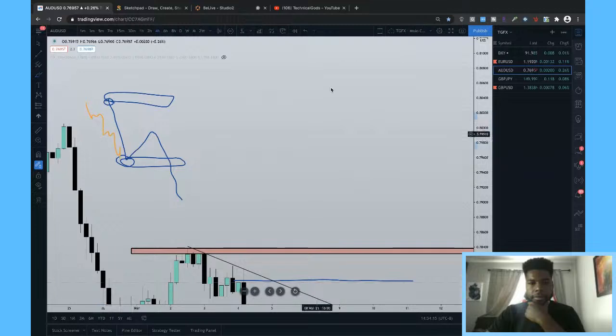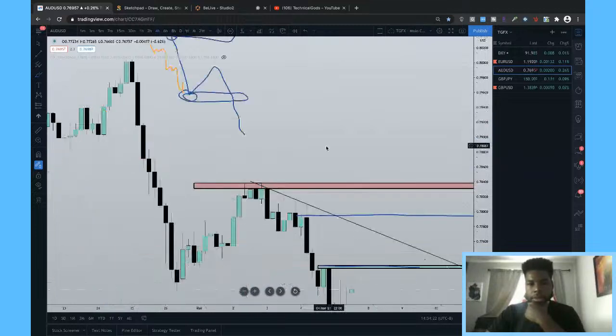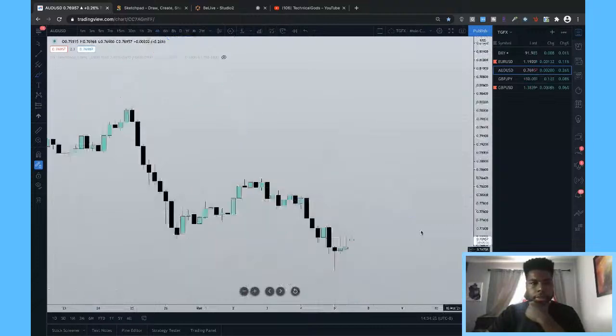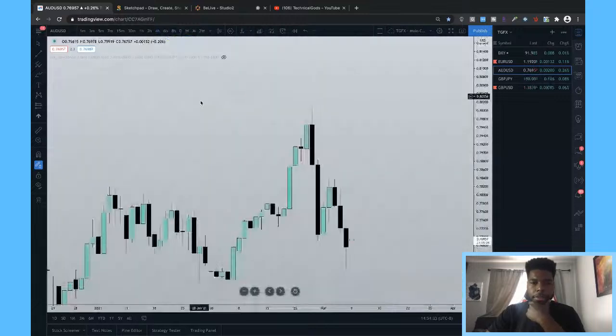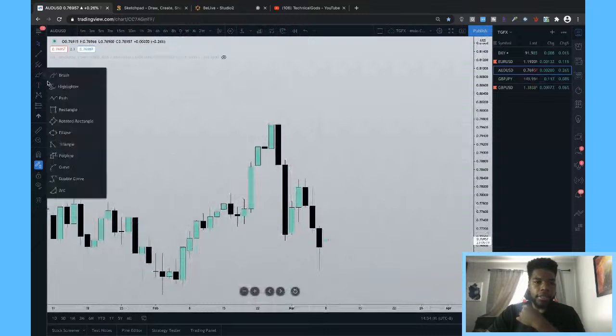So once again, I'll just delete this right now. So once again, we'll start from the daily time frame. And all I'm looking for is previous resistance. So this is current price. I want to see what's the next resistance that price is going to hit if it pushes up. And we can obviously see that that's here.